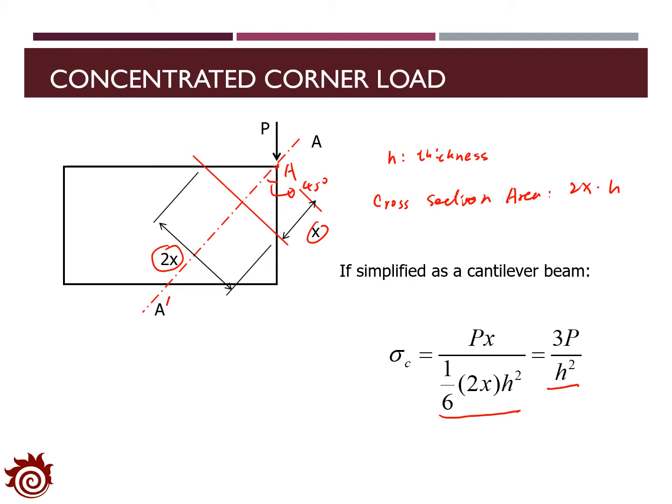Here you can see that the stress at the cross-section with distance x is actually not related to the distance. This indicates that the stress applied at all the cross-sections is constant and is only related to the load applied and the thickness of the PCC slab.